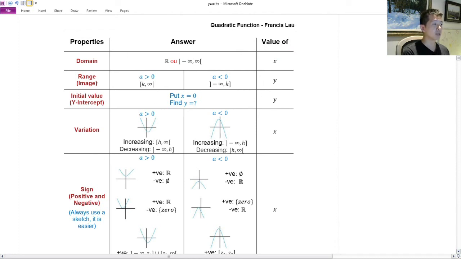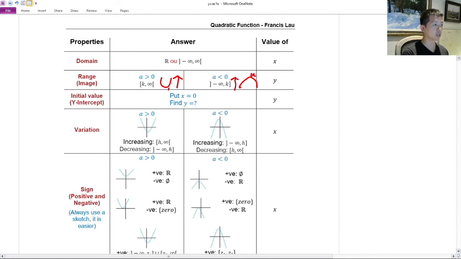Now the range, the image, is basically, when A is positive, K to infinity. Okay. When A is negative, it's minus infinity to K. Because that's basically open downward and that's open upward, right? So that's why it's from K to positive infinity, and this is from negative infinity to your K.